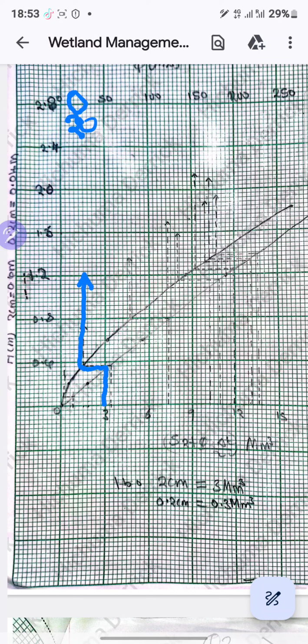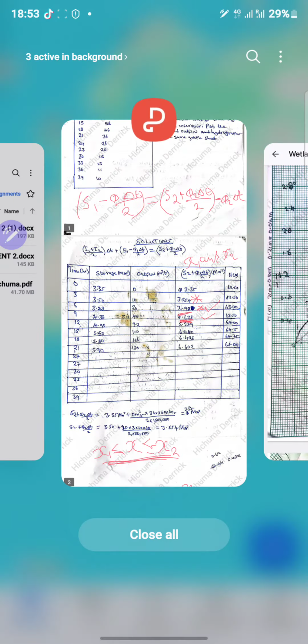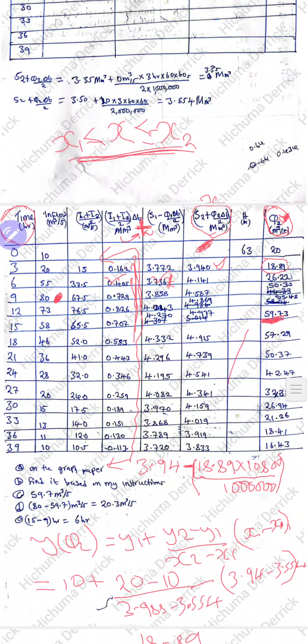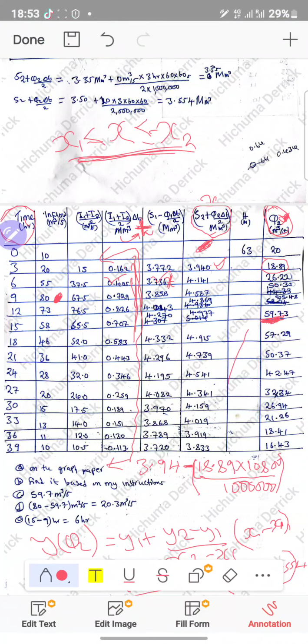Then at the same time, you are going to get this value here for elevation, straight here. Let's say this is 0.39. Then when you go back to the table where we were solving, you just put that value 20 here, and then 3.9 you put it here.